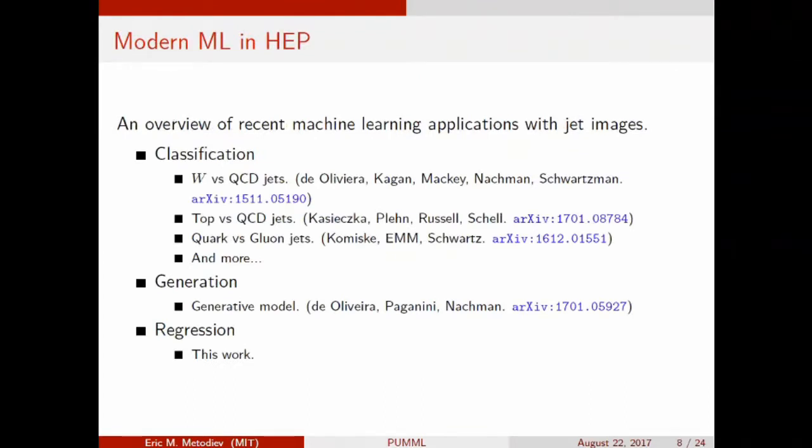Just a quick overview of things that jet images have been used for: classification, generation with GANs, which we heard about yesterday, and regression, in the sense of predicting a jet image. As far as I know, this is the first work where that happens. And the point of taking an image and cleaning it up or doing something to it seems like it could have applications beyond just Pileup subtraction.